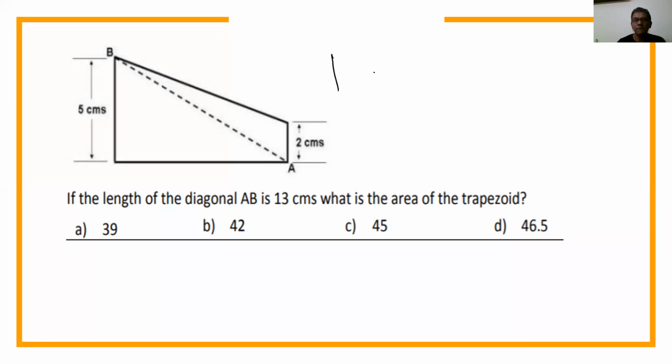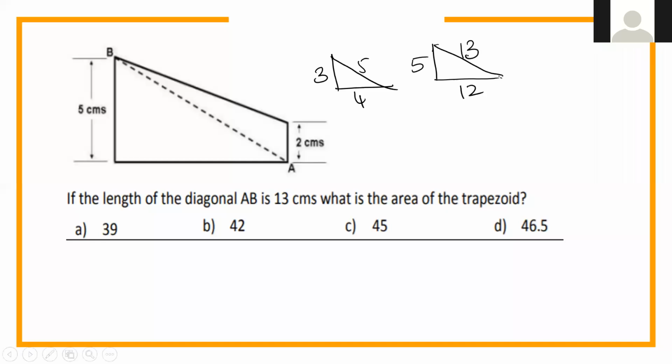Is this a Pythagorean triplet? 3, 4, 5. Is this a Pythagorean triplet? Yes, it is. Great. Is this a Pythagorean triplet? Yes. Renuka, are you able to hear me?